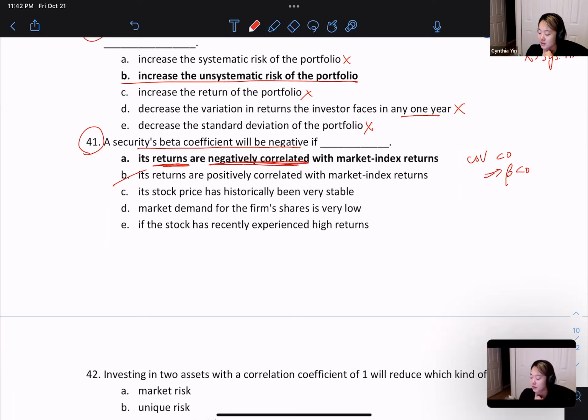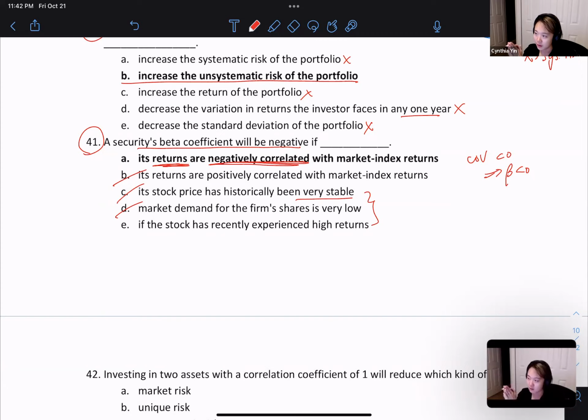Its stock price has historically been very stable. Well, this is about idiosyncratic volatility. It has nothing to do with the beta. Market demand for the firm's share is very low. It's irrelevant to beta. If the stock has recently experienced a high return, all of the CDE have nothing to do with the covariance with the market.